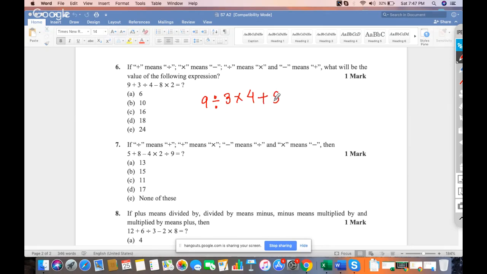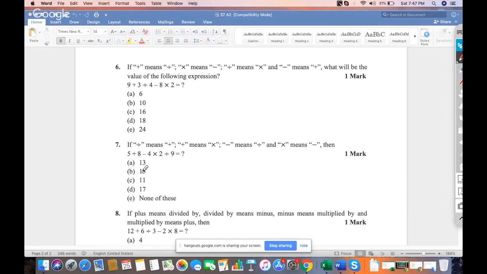So plus 8. Multiplication means minus. So 9 divided by 3 is 3. 3 into 4 plus 8 minus 2. So this is nothing but 12 plus 8 minus 2. So 12 plus 6 is equal to 18. So this is the answer. So D is the answer, question number 6.